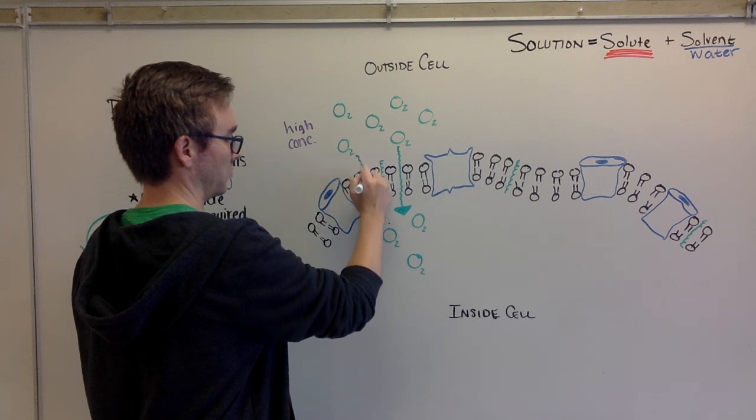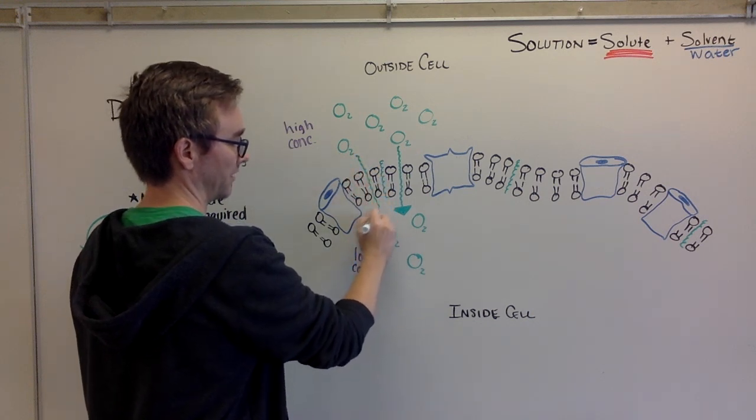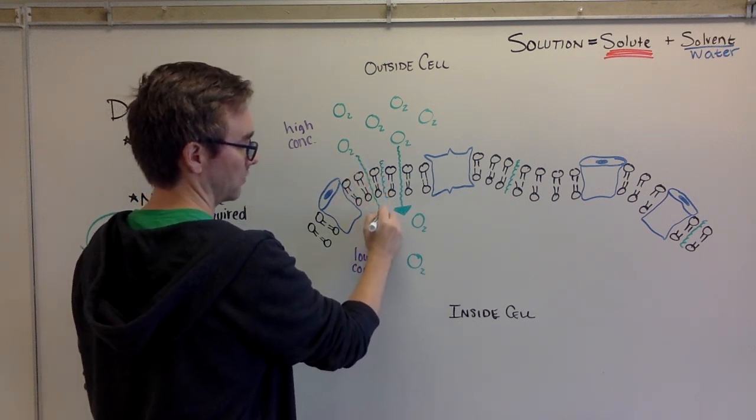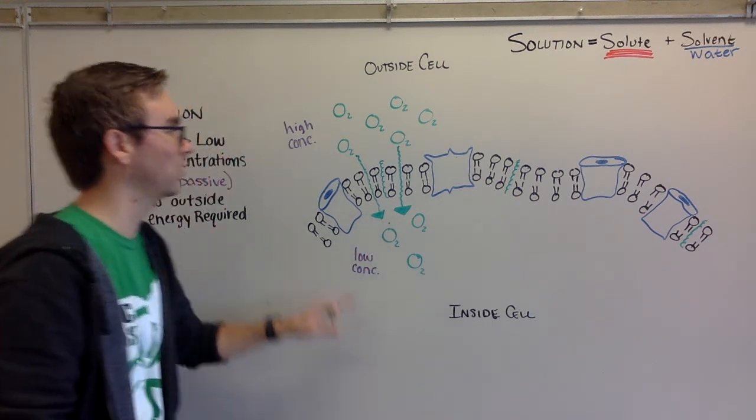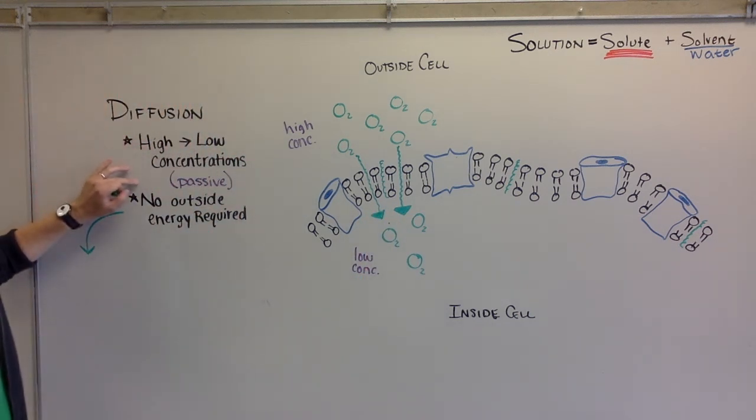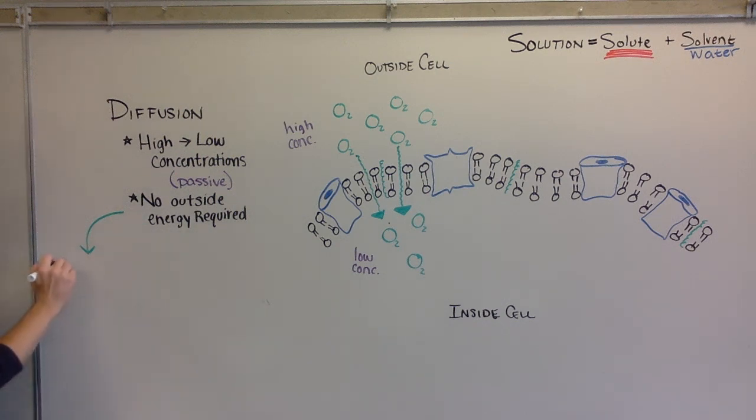The water will not, remember, that is hydrophobic tail, so the water won't. But those solutes, going from a high to low concentration, this is what we call simple diffusion.